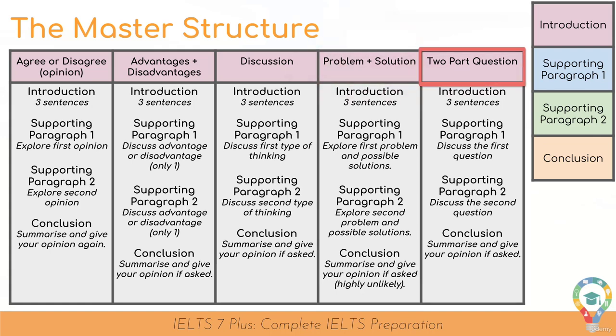And finally, in a 2-part question, your supporting paragraphs will address each question one at a time. Of course, if the questions ask for your opinion, you need to include this in your conclusion. I'd highly suggest bookmarking this master structure or writing it down so that you have it for reference later.